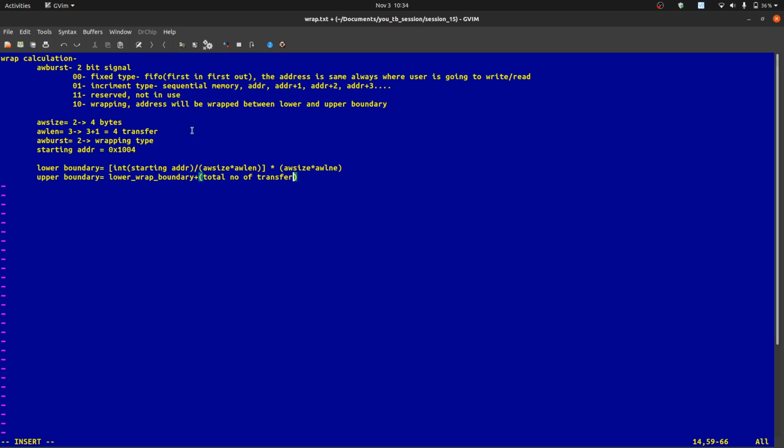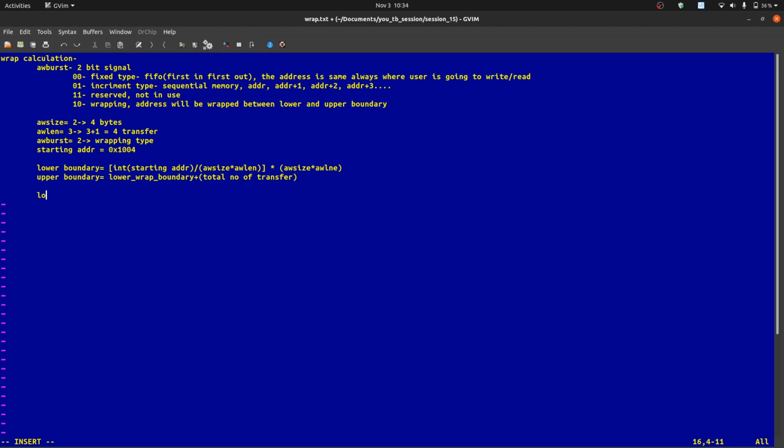What is the total number of transfer? The same, AW size into AW len, total 16, right? So these two formulas are sufficient. Now let's calculate the lower and upper boundary.